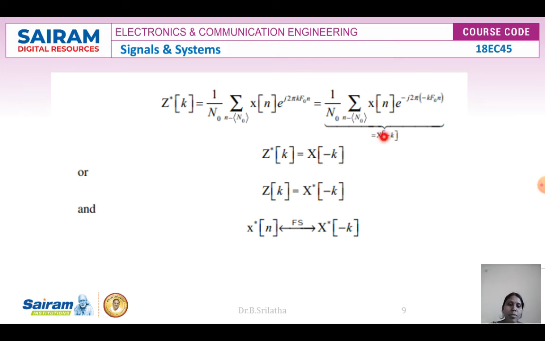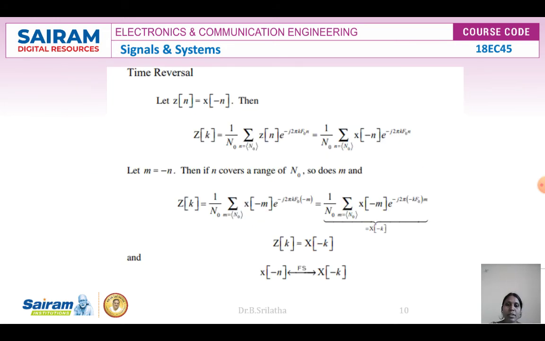So it is in the form of x of minus k instead of x of k. So x conjugate of k is nothing but x of minus k, and x conjugate of n is nothing but x conjugate of minus k in the Fourier series.